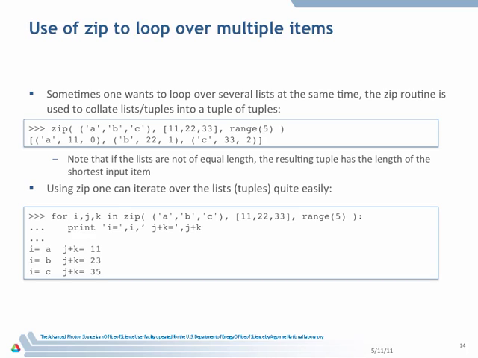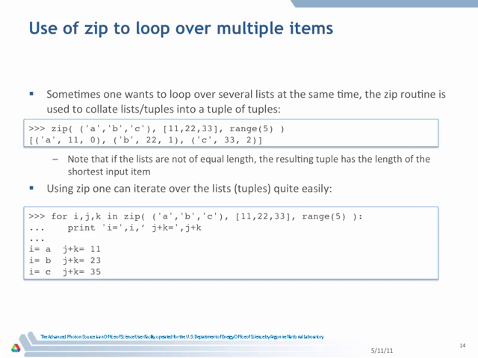Now this allows me to do something fairly complicated. So here I'm iterating over I, J, K. I, J, K here is a tuple without parentheses. Probably would have been better if I put them in there, but it works exactly the same. So I, J, and K get assigned first to the 3 elements of the first tuple. So in the beginning, I will be A, J will be 11, and K will be 0.